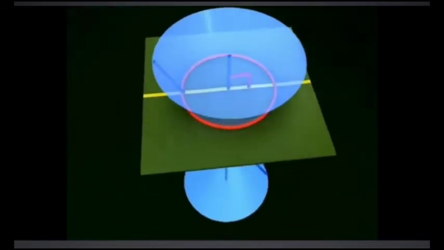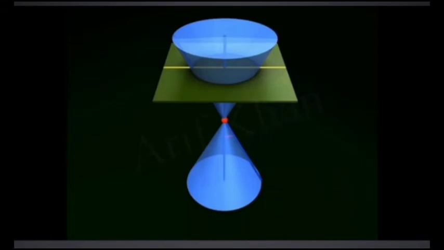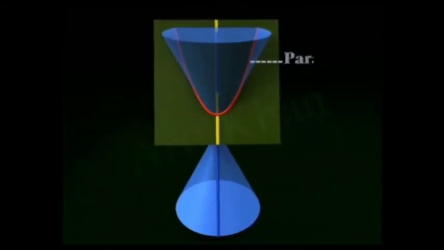Thus, a circle is a special type of ellipse. Parabola. When the angle made by the plane to the vertical axis is exactly equal to the vertex angle, we get an open curve called a parabola at the intersecting surface of the cone.